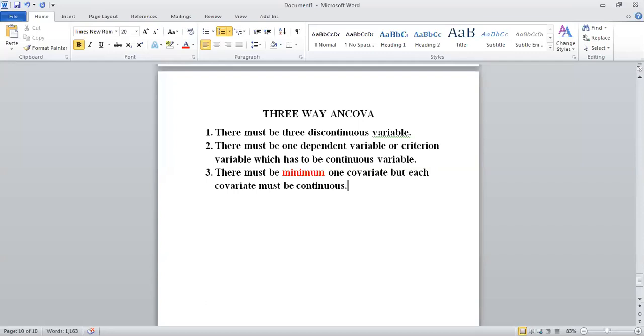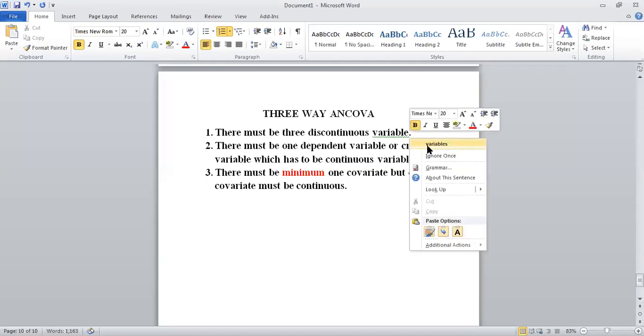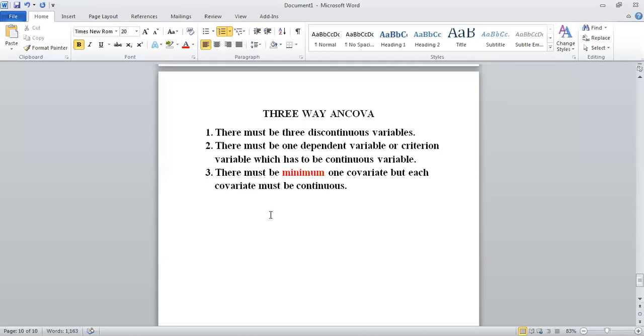If you have a covariate which is not continuous, then you cannot take that variable as a covariate, and you cannot control that variable by using the statistical analysis, which is ANCOVA. So these 3 conditions must be satisfied. And I hope that you have understood now.